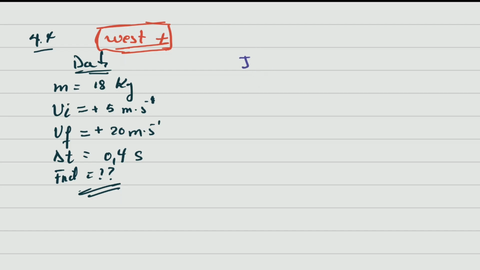But we know impulse, which is letter J, is equal to net force multiplied by the time. Okay, this is the definition of impulse. But from here, guys, you also know that impulse is equal to the change in momentum. We are working for the trolley, so it's the change in momentum of the trolley.